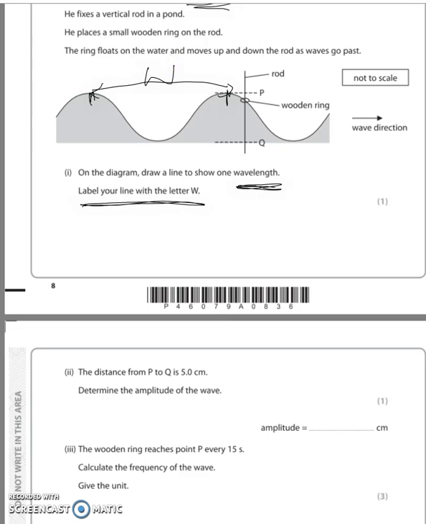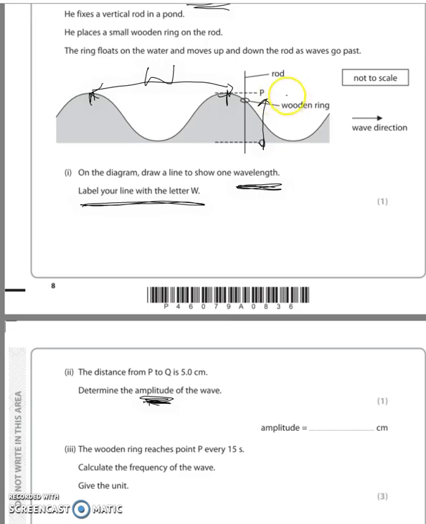Now the next part says the distance from P to Q is 5 centimetres, so it's this vertical distance now. Determine the amplitude of the wave. So the distance from P to Q is the whole height of the wave, all the way from the peak down to the trough. And as you hopefully know, the amplitude is half of the total height of the wave.